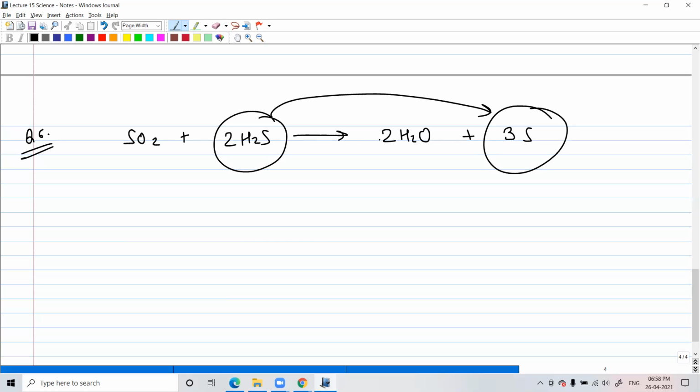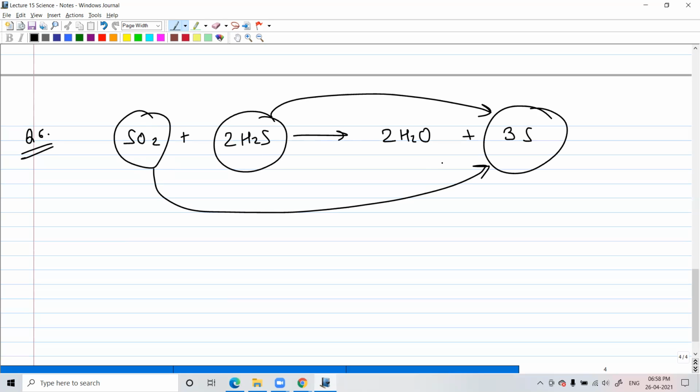And what got reduced? SO2 is reduced. SO2 is reduced to what? To sulfur. To sulfur again. Yes.